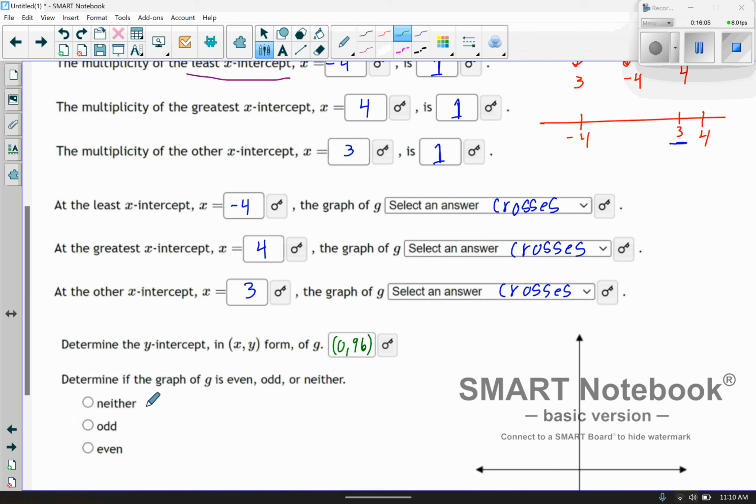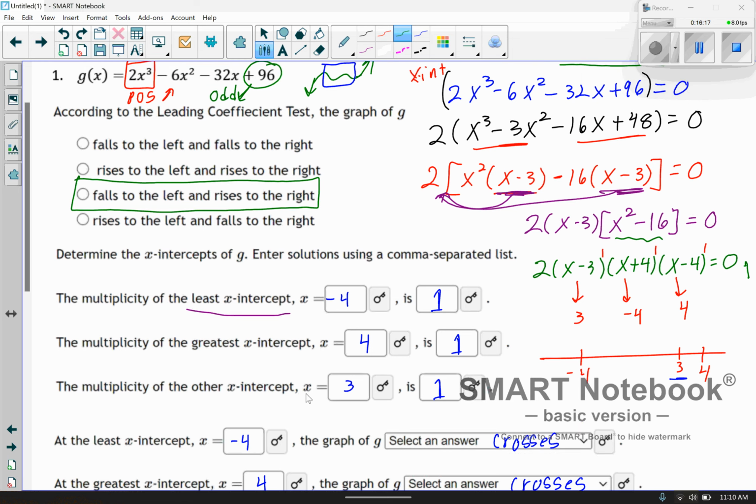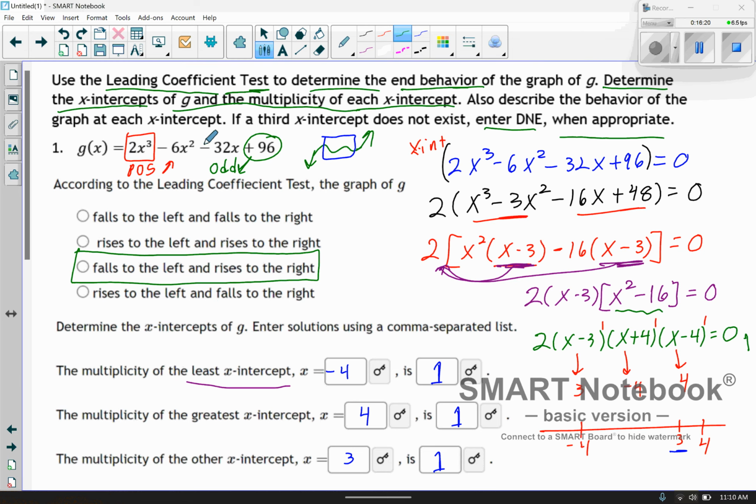Then they ask us to determine whether the graph of G is even, odd, or neither. Most of the time it's going to be neither, but we could see even and odd. That was covered in Unit 2. The easiest way to think about this is if it's even, all the powers have to be even. So that's not true. And for it to be odd, all the powers have to be odd, and there can't be a constant, an extra value that doesn't have a variable.